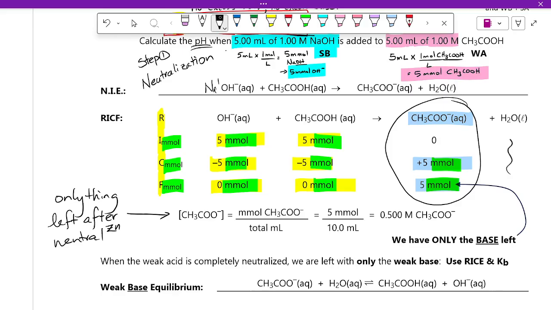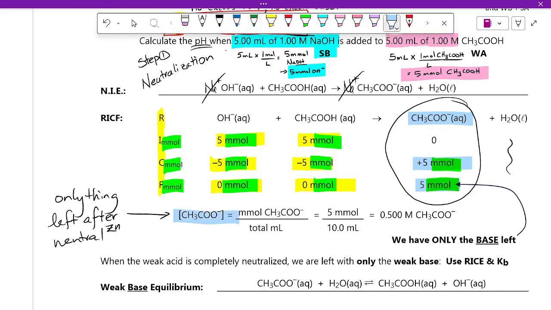We just left it out up here because it is a spectator. Okay, so we don't care about that. So the only thing that matters in terms of pH after neutralization is this base.